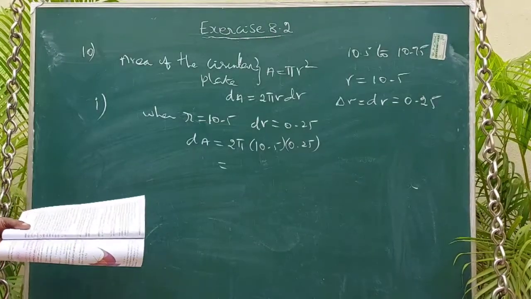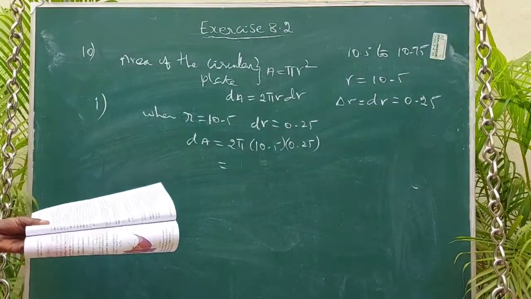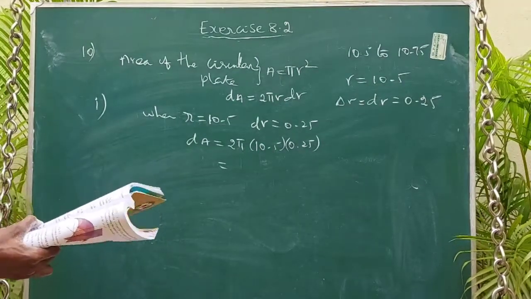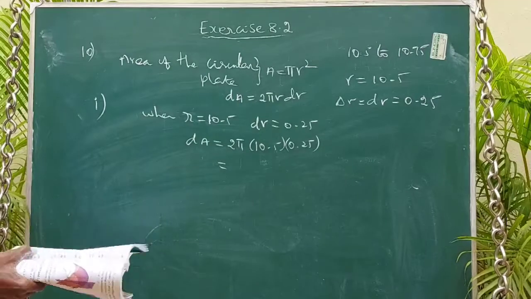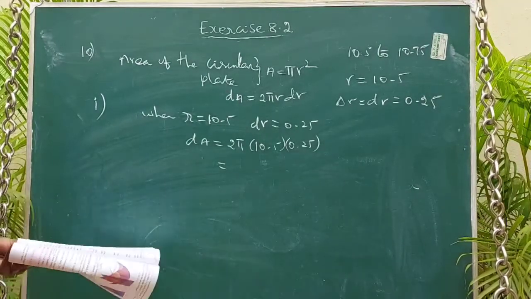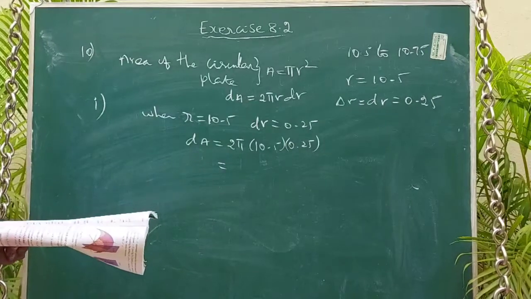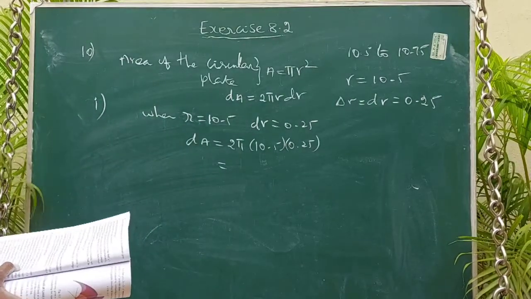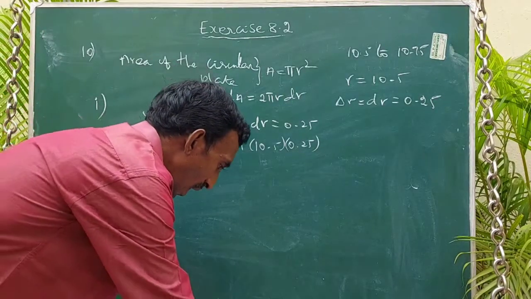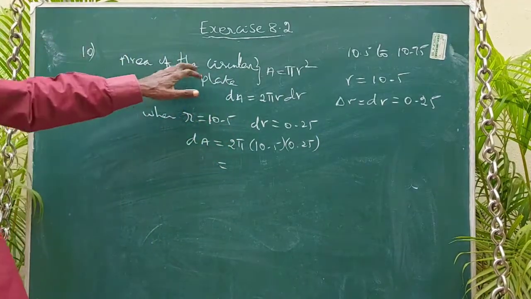Question number 10 in exercise 8.2. A circular plate expands uniformly under the influence of heat. If its radius increases from 10.5 to 10.75 centimeters, find the approximate change in the area and the approximate percentage change in area. As in the previous question, consider the area of the circular plate.